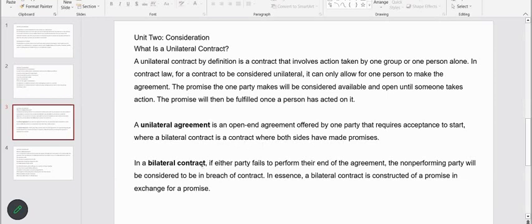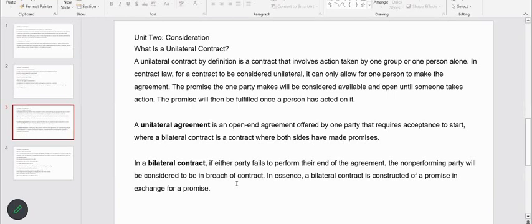Okay, let's look at this bilateral contract. If either party fails to perform their end of the agreement, the non-performing party will be considered in breach of contract. In essence, a bilateral contract is constructed of a promise in exchange for a promise.